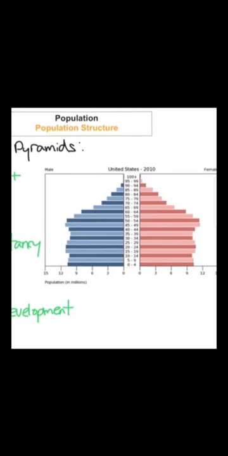Now we can see that in the x-axis they have the percentage, and in the y-axis they have the age. Here we can see that the birth rate is lesser, not very huge like the other underdeveloped countries.